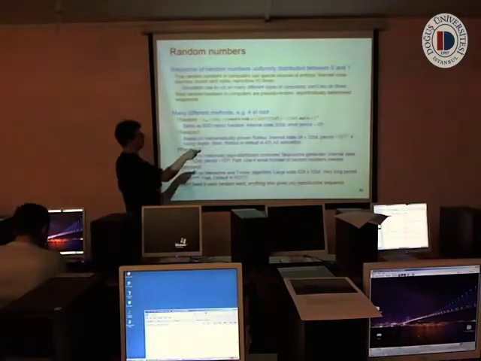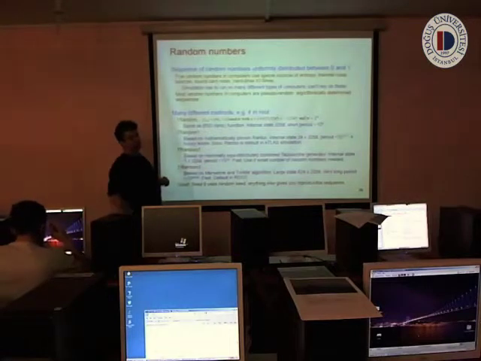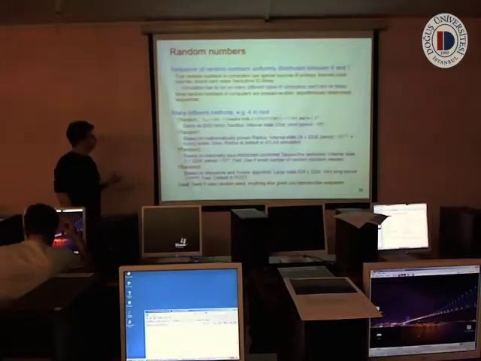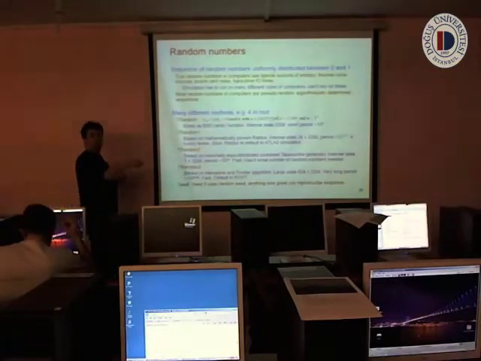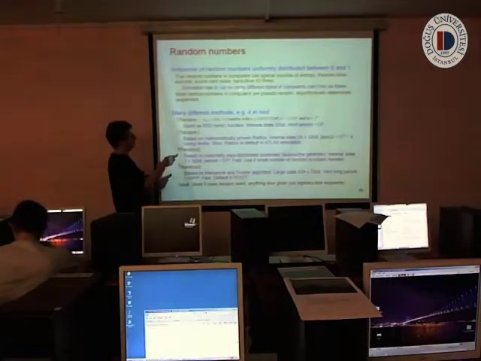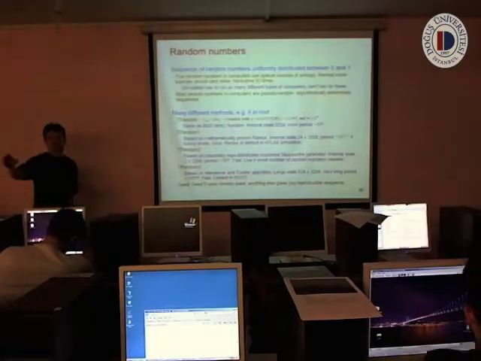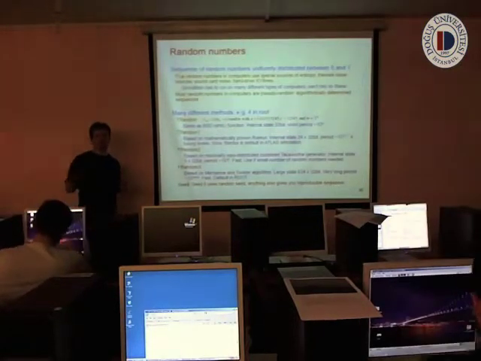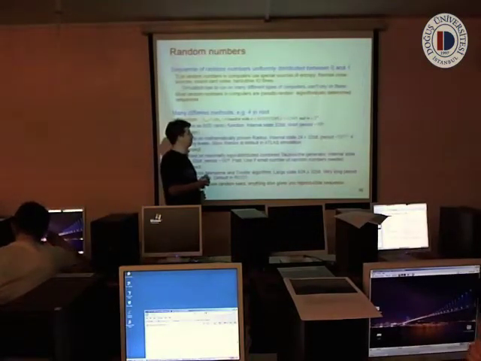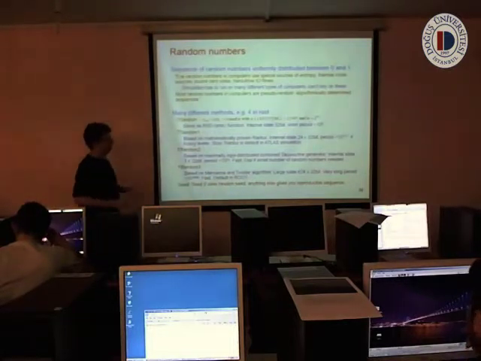Your computer is not always deterministic. For instance, there's thermal noise in your computer. There's noise on your sound card that you can use. There's the I/O time it takes to write data to your hard drive. It's actually a random process, purely random.